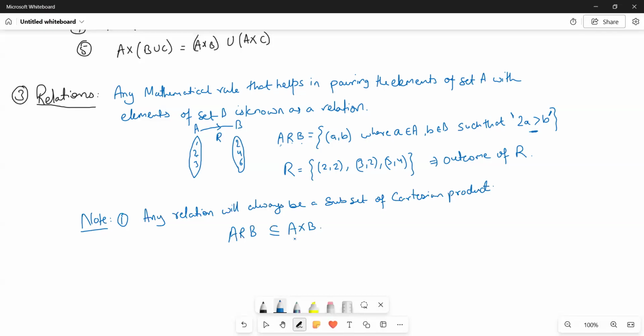What does A cross B imply? A cross B is all possible pairs, and ARB will be a few selected pairs. So whatever pairs we select, they will always belong to all possible pairs. So any relation will always be a subset of the Cartesian product. ARB is always a subset of A cross B.